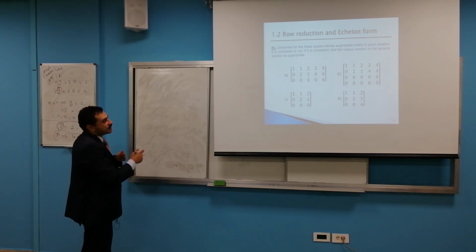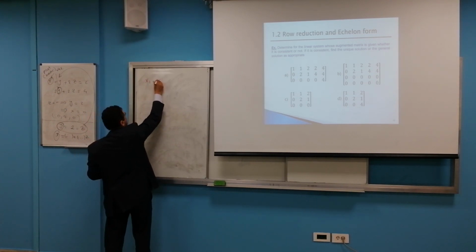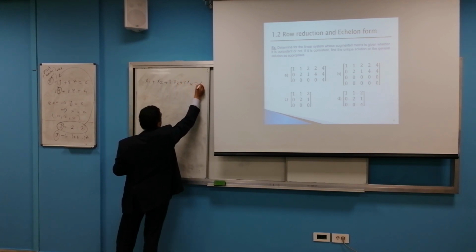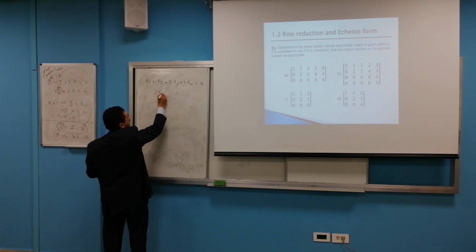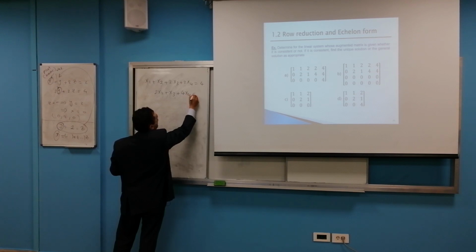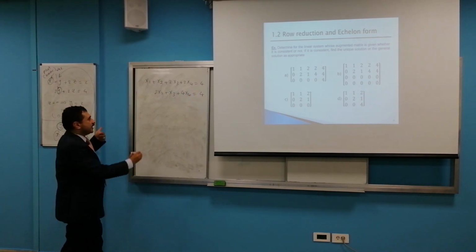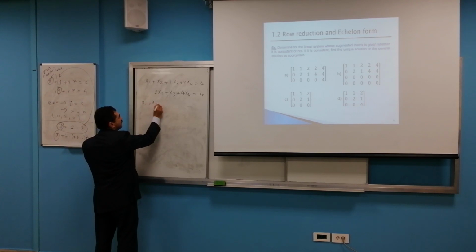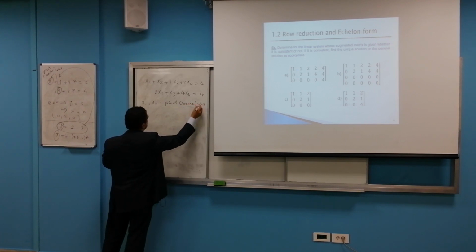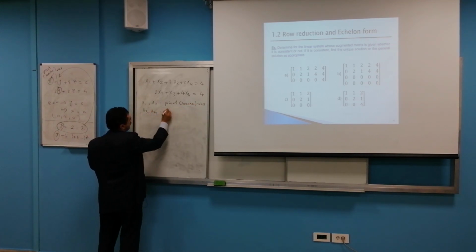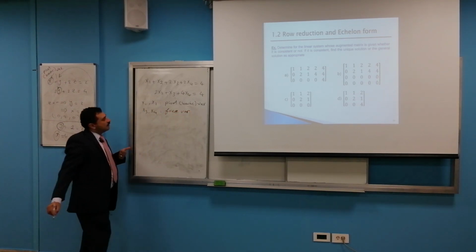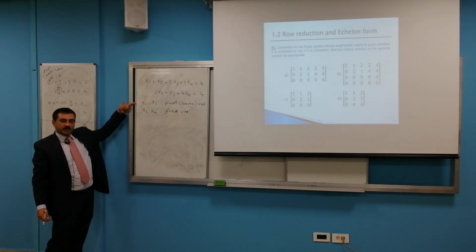How to write these equations? We said x1 and x2 are the pivot or basic variables, and x3 and x4 are the free variables. We write the basic variables in terms of the free variables.